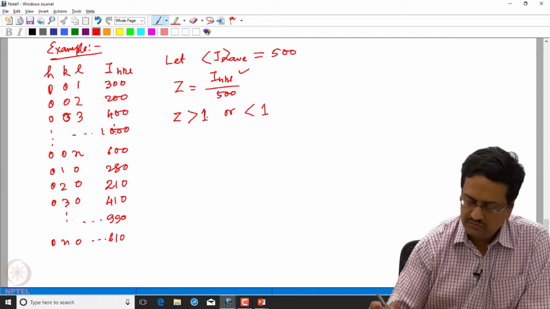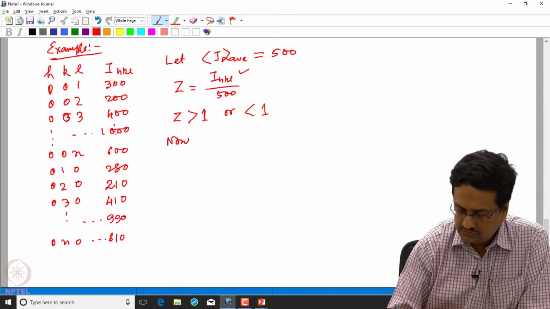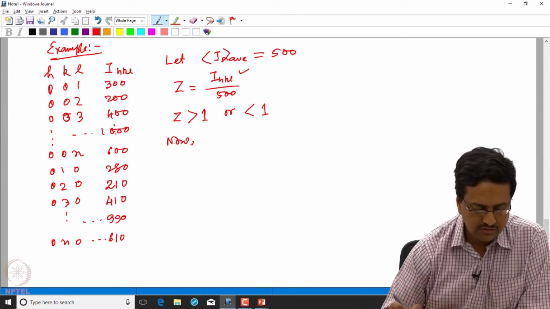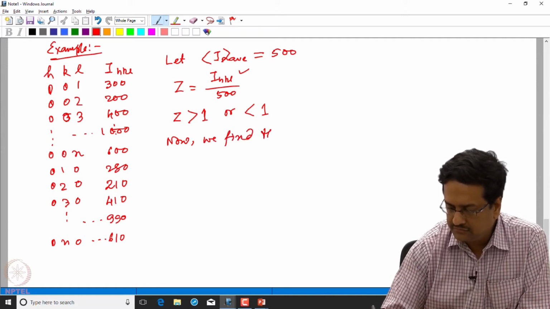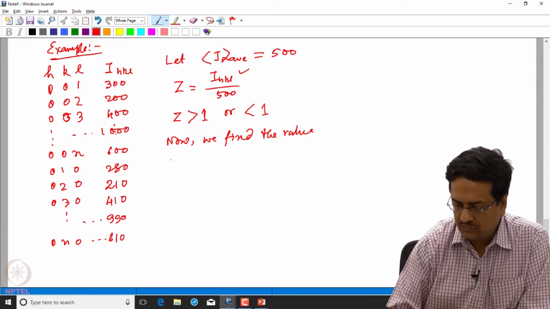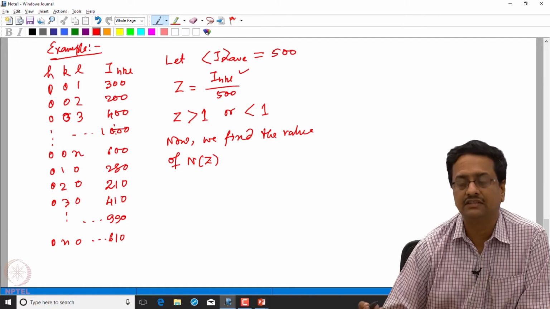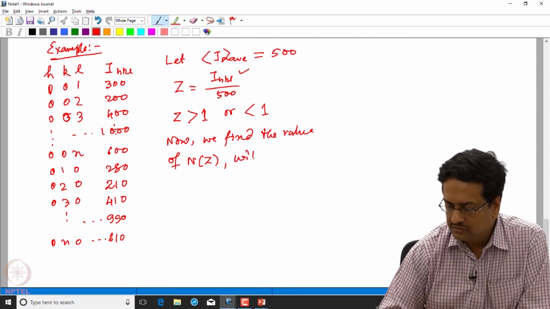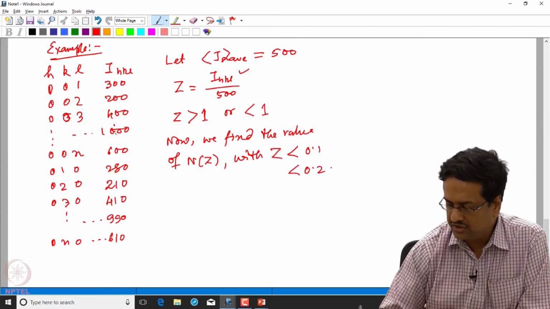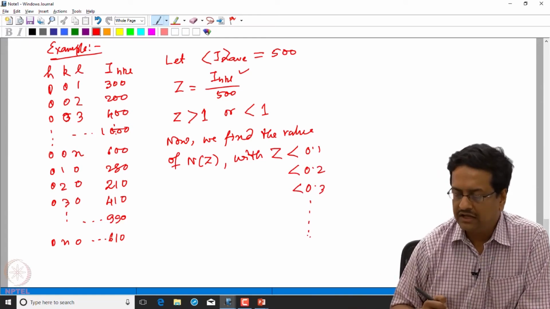So now we find the value of NZ, that is the number of reflections that has Z value less than 0.1, less than 0.2, less than 0.3 and so on, and make a table.